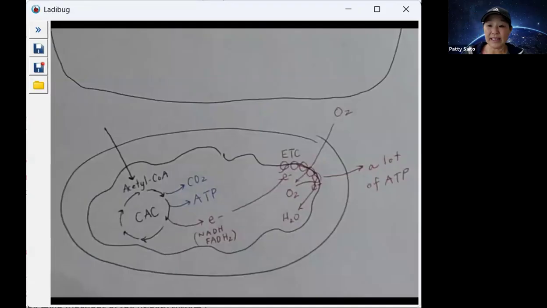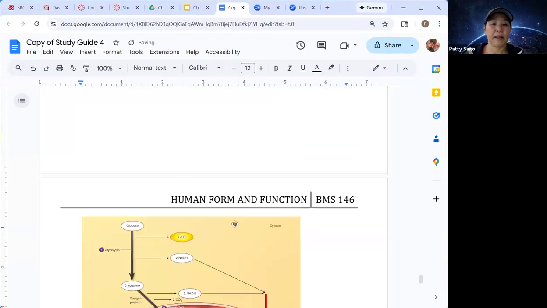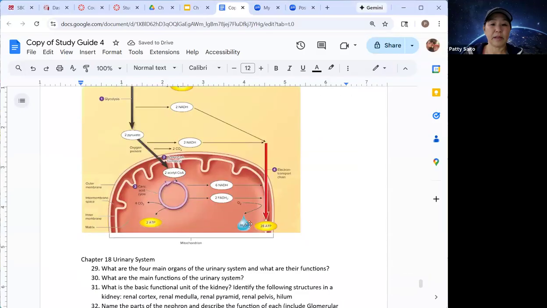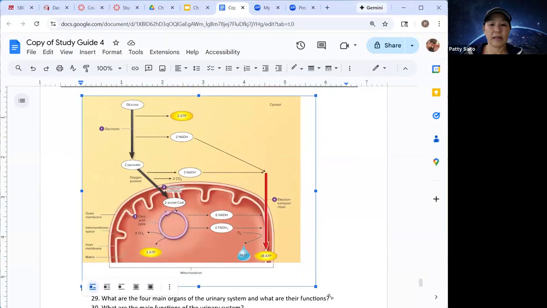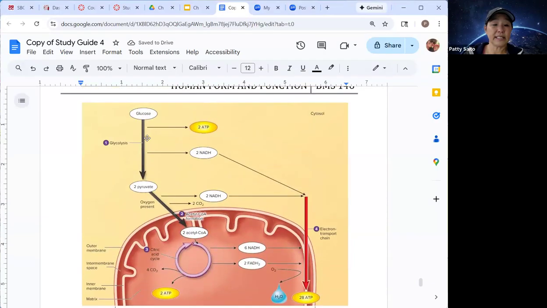So now let's go back. And I'm going to put a little picture here, which you may like more. All right, so here's glycolysis in the cytosol, which is the cytoplasm.